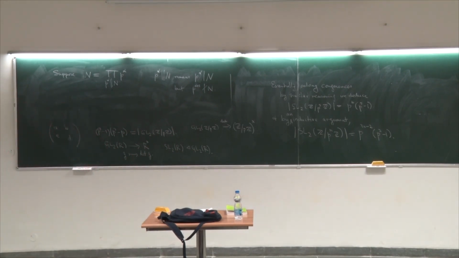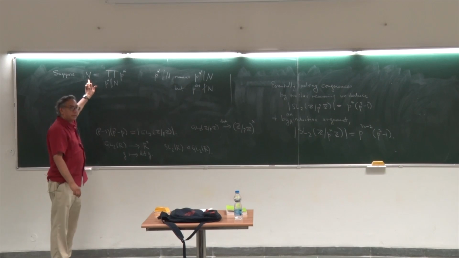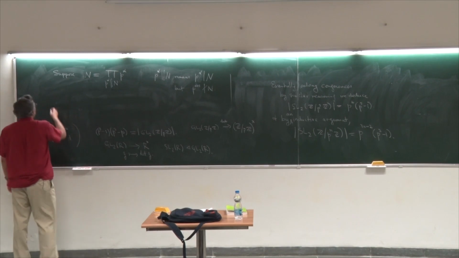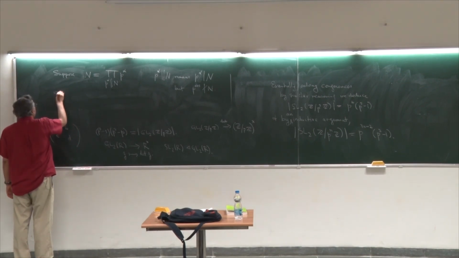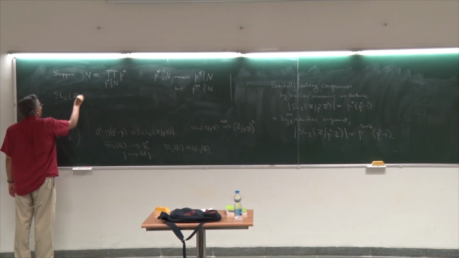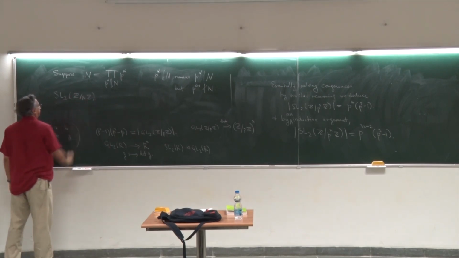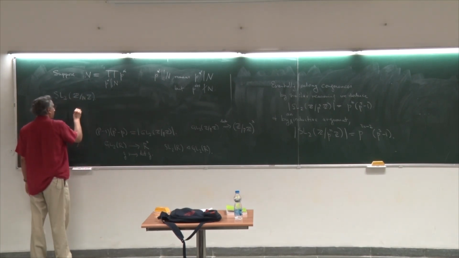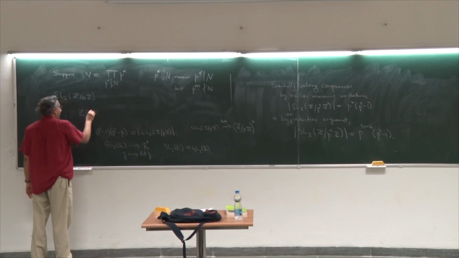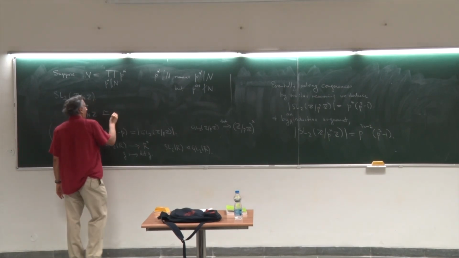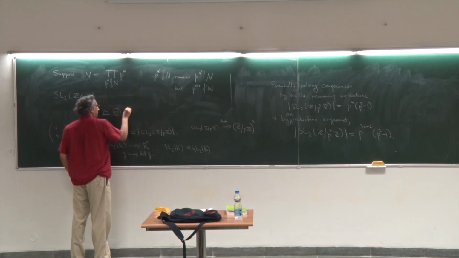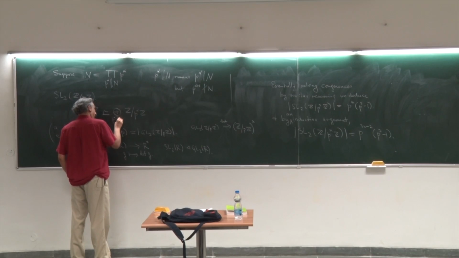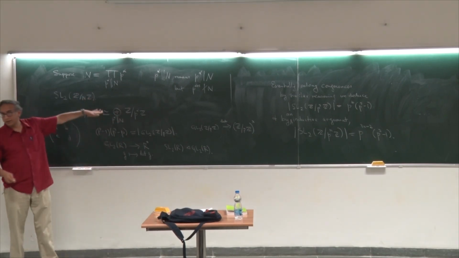We have unique factorization of every natural number into a product of prime powers, so I'm just rewriting it like this. We now want to determine the size of SL2(Z mod nZ). And here, as you know from elementary number theory, Z mod nZ is isomorphic to the product of Z mod p to the alpha Z. Again, this is what's usually called the Chinese remainder theorem.